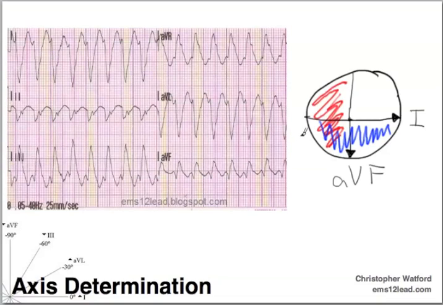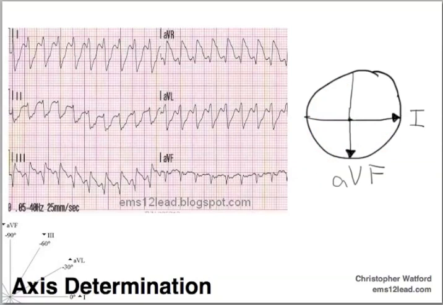It is also down in 2 and up in 3. I would posit that this one is localized to right axis deviation due to up in AVF and down in 1. See, this is a pretty simple method, and we can rapidly go through these EKGs. Let's try one last one.